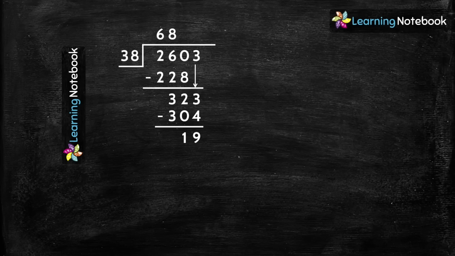So to continue with the division, we will put a decimal point and insert a 0. Now let's put a decimal point in the quotient and copy this 0. So now we will divide 190 by 38.